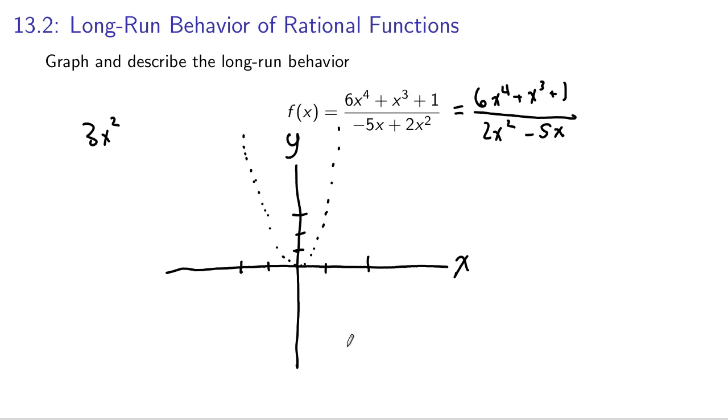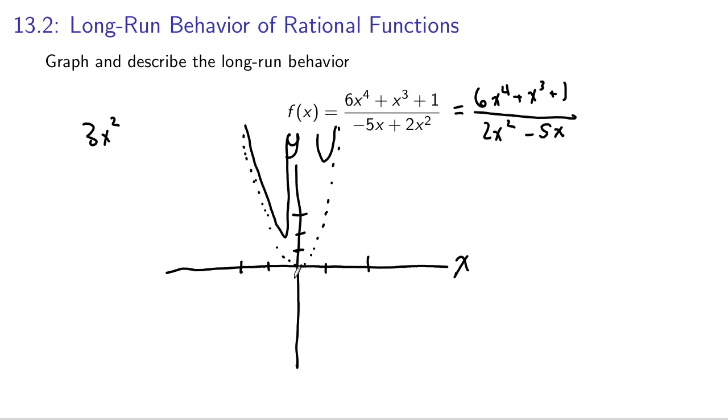And without doing too much more work, the shape of the graph looks kind of like this, and you can graph it yourself to verify that. But there's a vertical asymptote here at 0. It has to do with the fact that there's a 0 here in the denominator and x is 0.